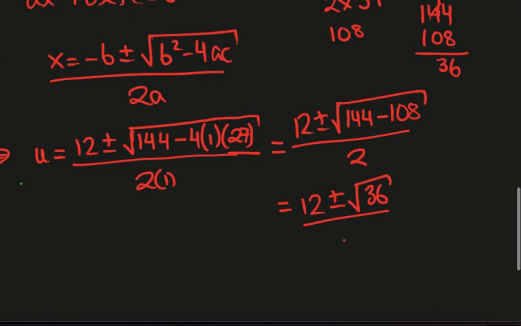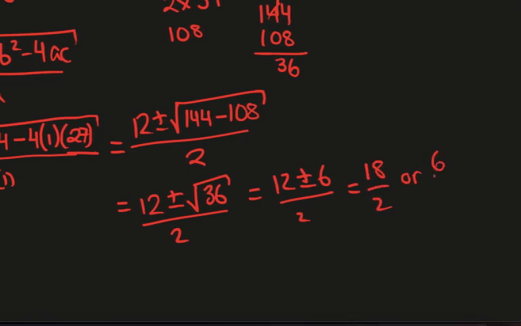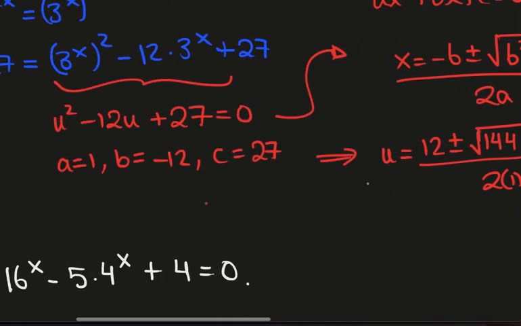So we get 12 plus or minus the square root of 36 over 2, which is 12 plus or minus 6 over 2. And this is 18 over 2 or 6 over 2. And that's just 9 or 3.